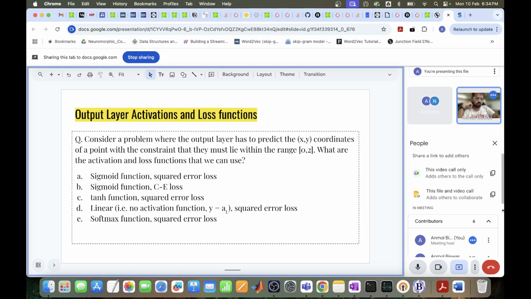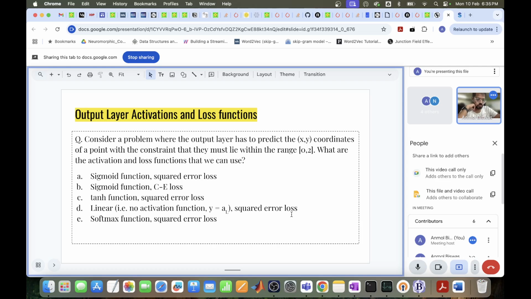So this is obviously a little different compared to the previous problem, right? First of all, the kind of output that we want is a little different. We don't want probability distribution functions anymore. We want xy coordinates, right?